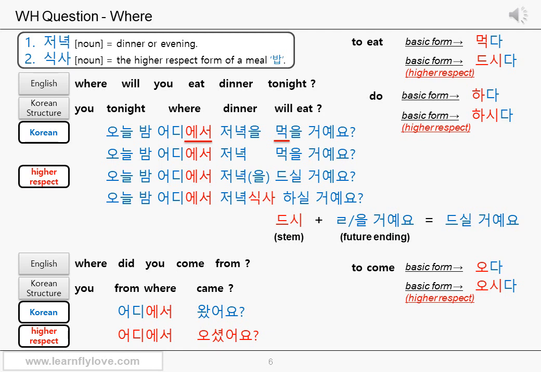So it sounds 왔. 왔어요 is the correct spelling and correct sound. You don't need this explanation anymore, right? 어디에서 왔어요? Where did you come from? From where came. Okay? Perfect.